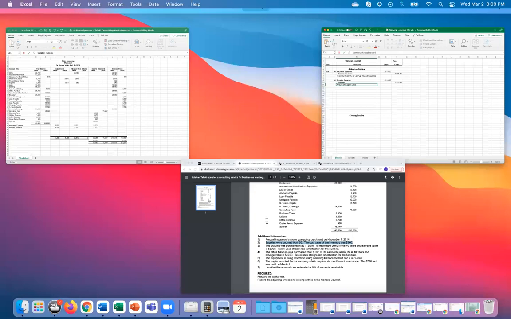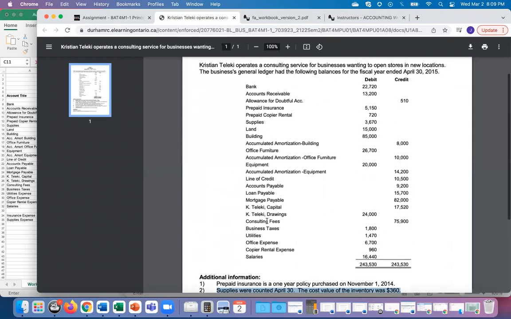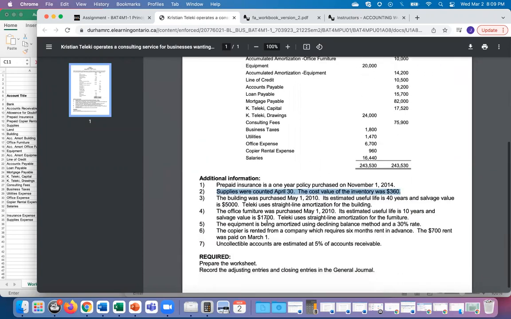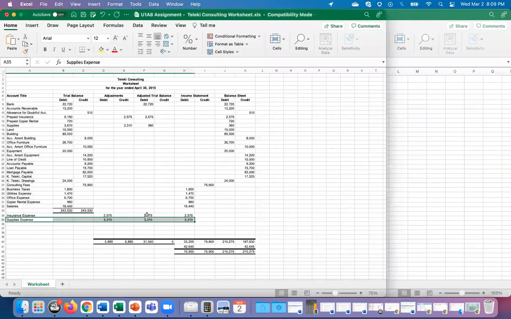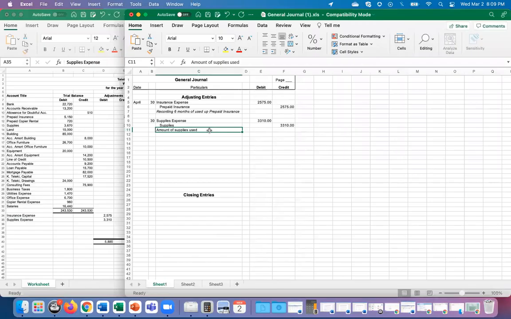I forget if it was since the last count. I don't know if we have a date for that. So since last audit, maybe. Amount of supplies used since last adjustment.